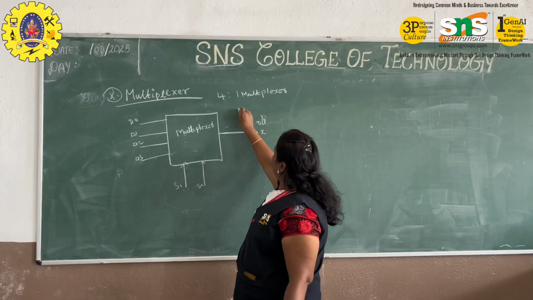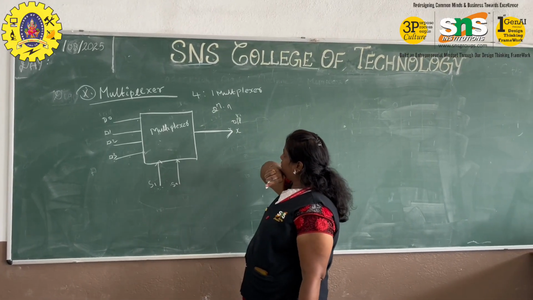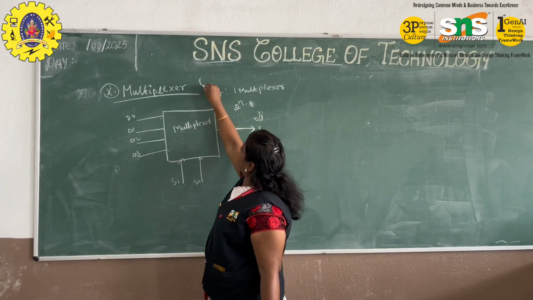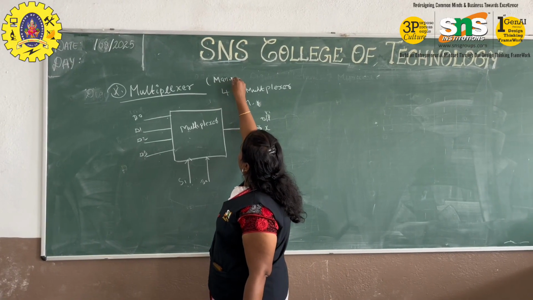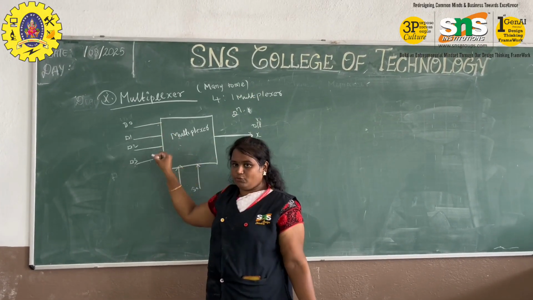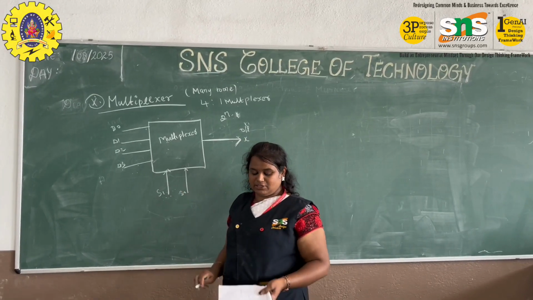We have the formula 2 power n to 1. This is the output, because it is called many to 1. We are giving 4 inputs, and it produces 1 output with the help of the selection line.